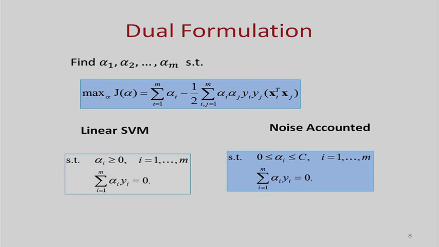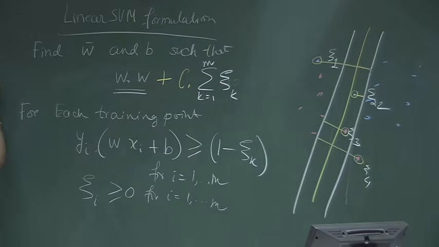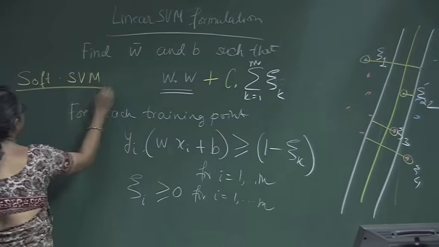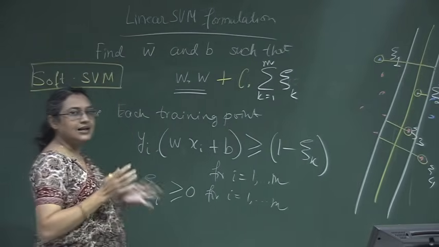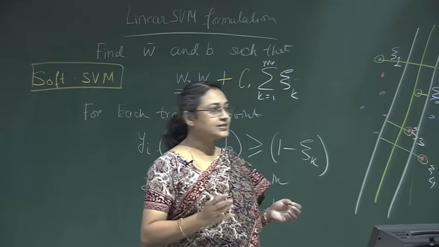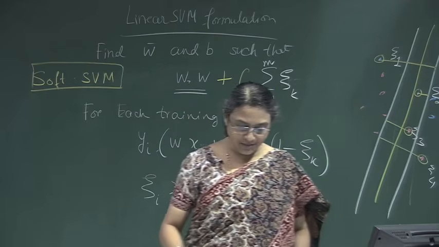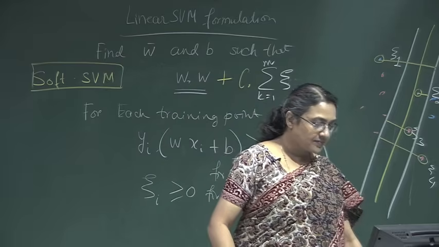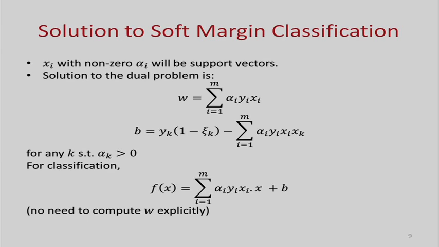So, this is called noisy linear SVM, or most commonly this is called soft SVM, because we do not have a hard classifier or a hard decision surface that clearly separates the positive and the negative points. And the solution of this soft margin classification will be similar to the solution that we got earlier.